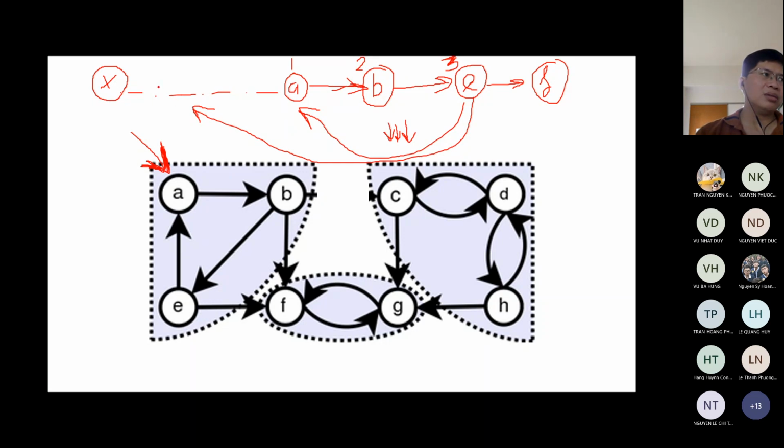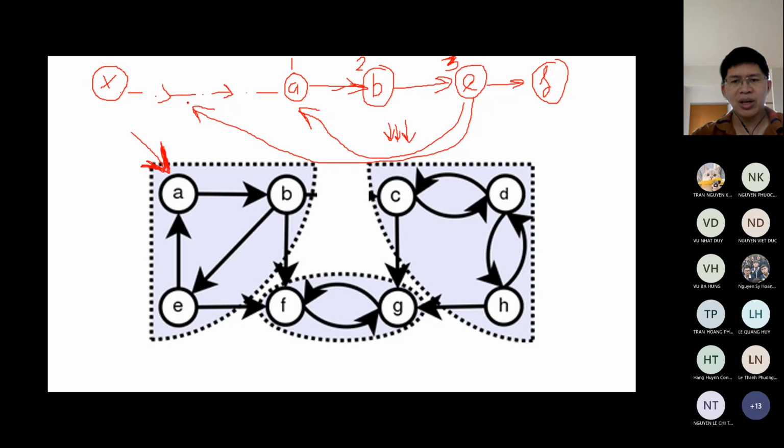No, it depends on the graph. We could have the path like that, and it can form a circle like this one. From X it goes down, and E somehow has some path to go back to some ancestor. In the graph we could have a loop, or could have a circle like this.